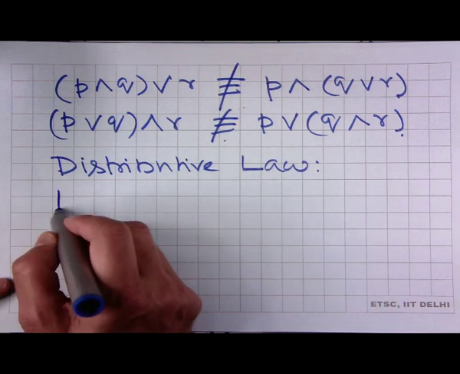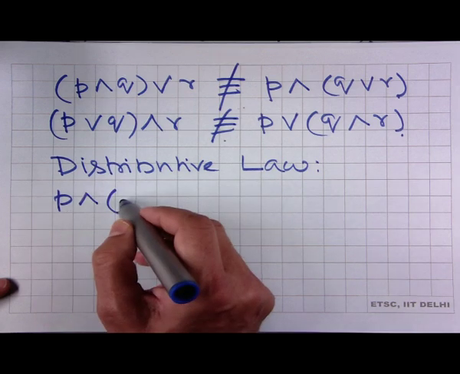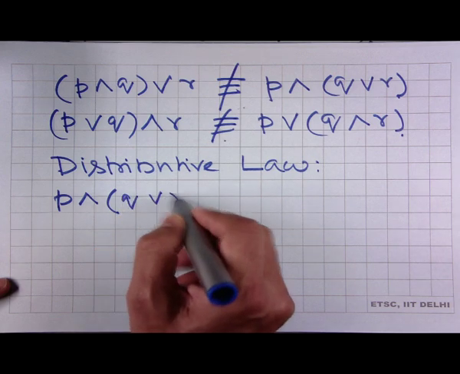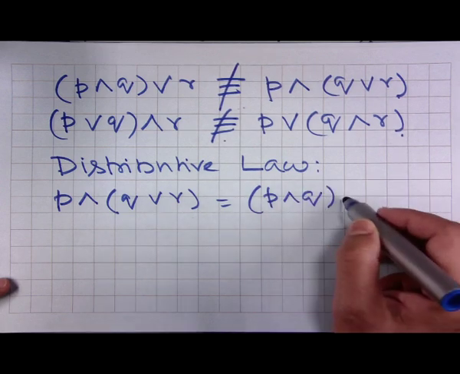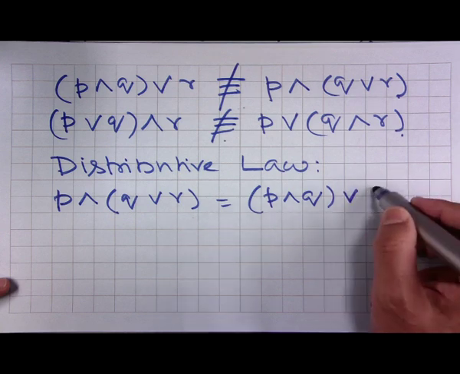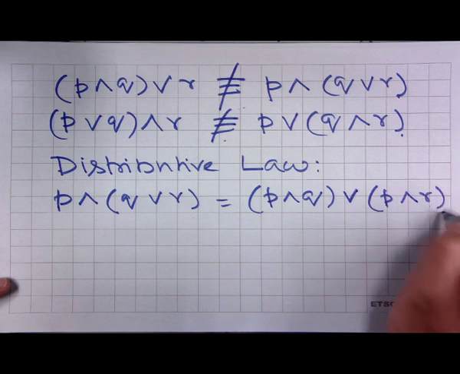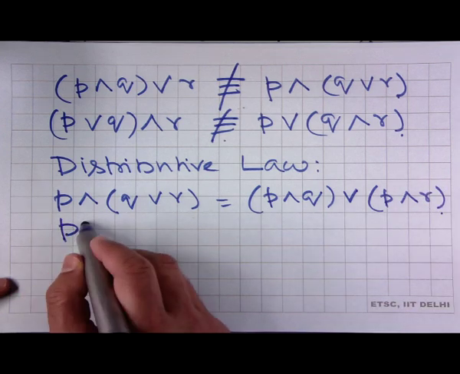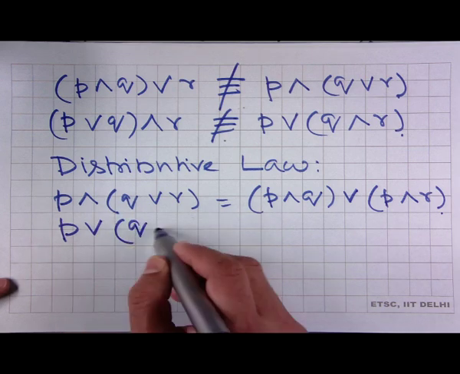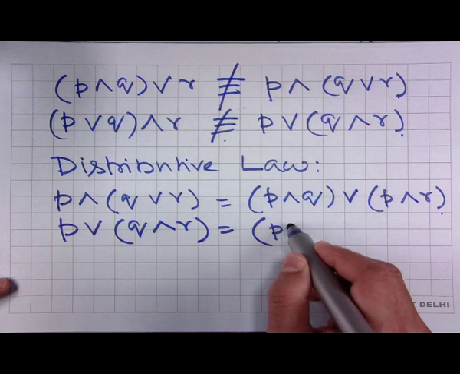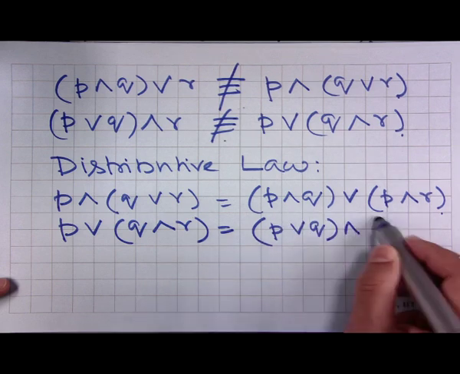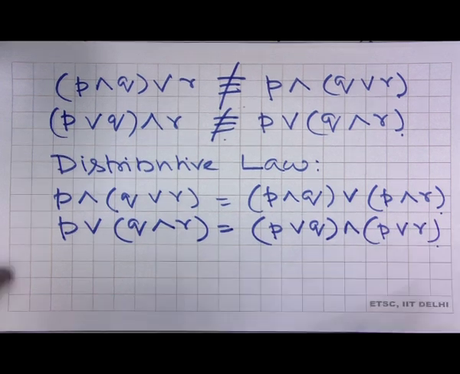It says that P and (Q or R) is equal to (P and Q) or (P and R). Similarly, P or (Q and R) is equal to (P or Q) and (P or R). Okay? We will prove it using truth table. So, these are the distributive law.